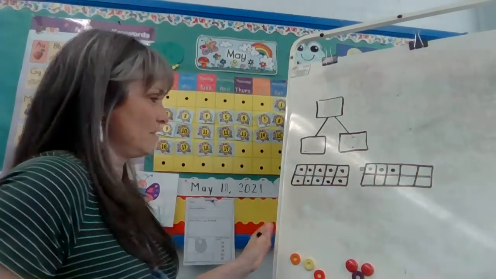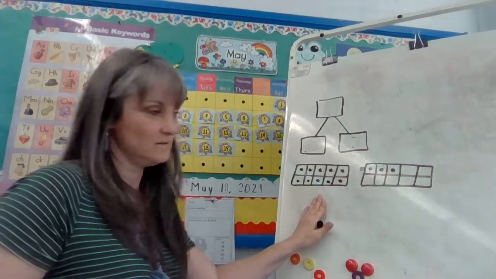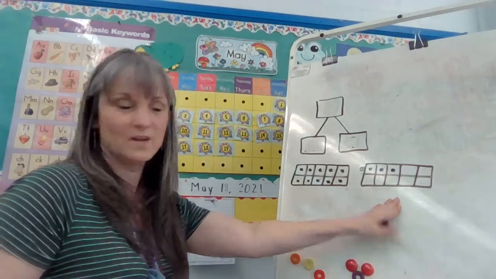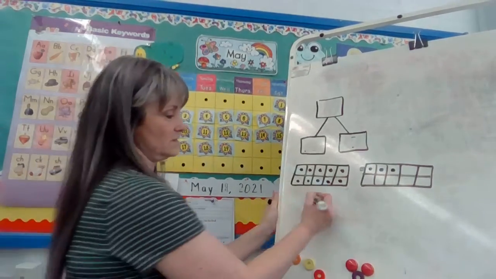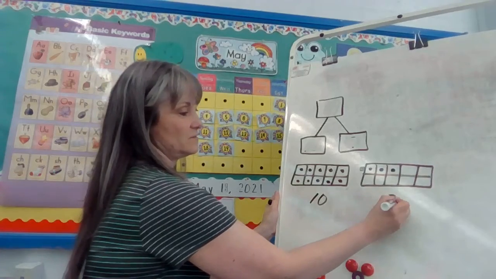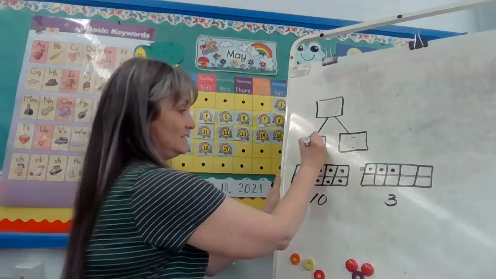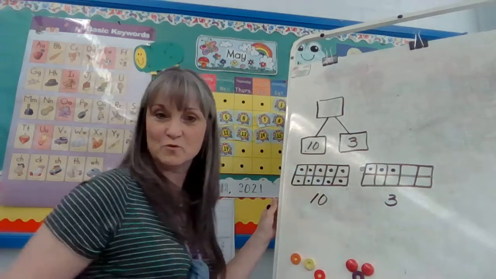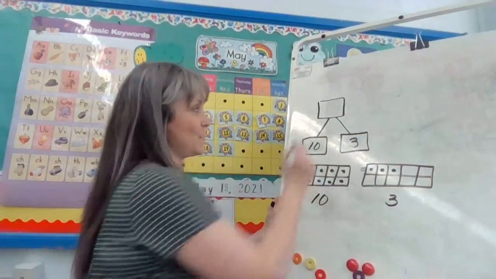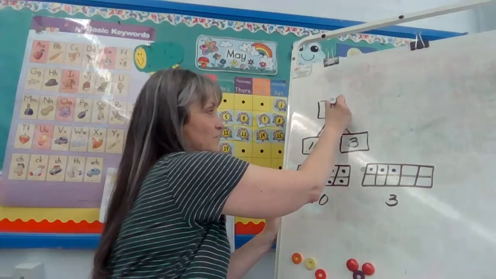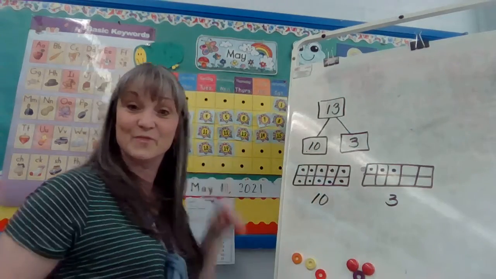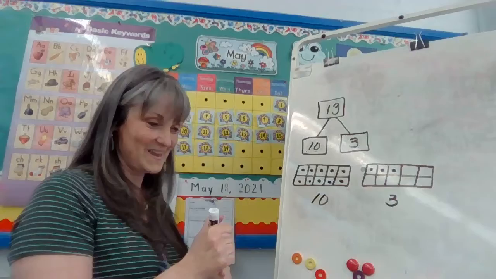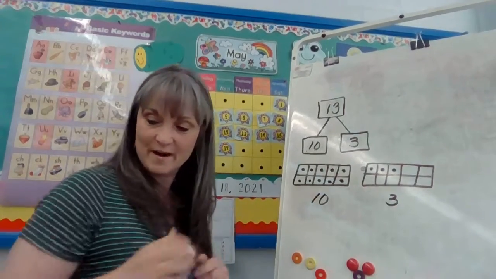So what do you have here? You have a group of 10 and 3 more. So what are you going to put for those numbers? This is 10 and this is 3. When you put them together, what is a group of 10 and 3 more? One group of 10 and 3 more. 13. Can't fool you.